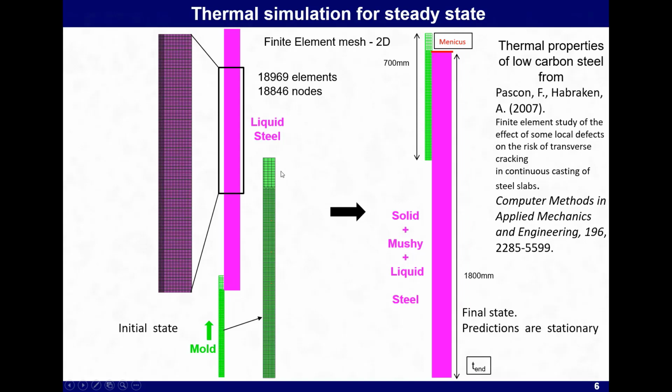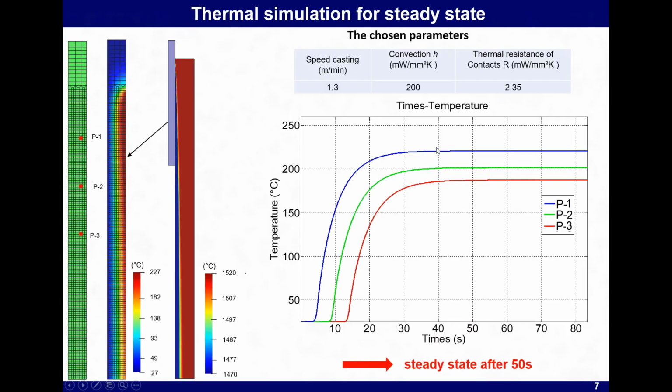You see here that in fact we use a trick. It's the mold which is going up and not the liquid steel which is going down, but from a simulation point of view it's correct, easier, and it doesn't change anything in the physics. To reach the stationary level, we have passed all these elements through the mold, and we are sure to be stationary.